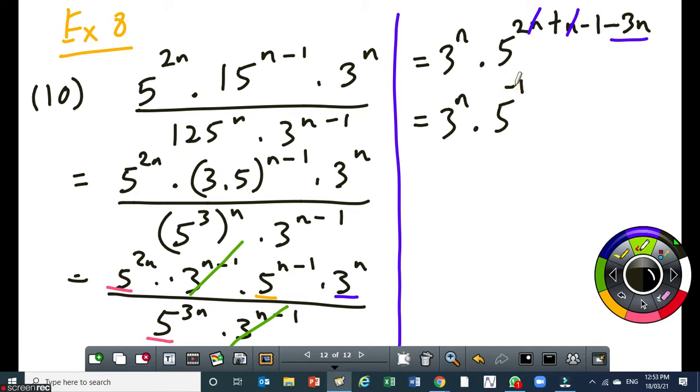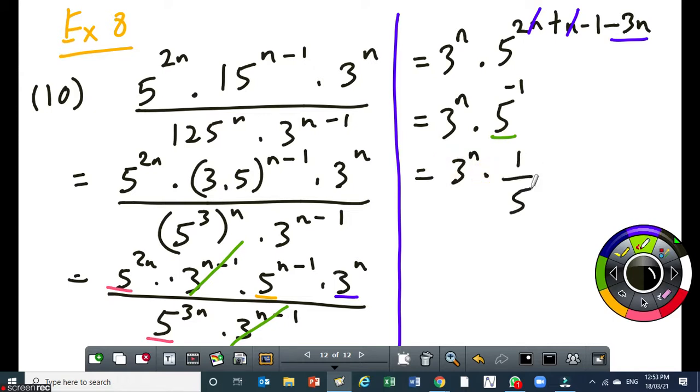But as I told you yesterday, generally when you are simplifying exponential expressions, you are supposed to leave your answers with positive exponents. So I'm going to use definition number 2 to simplify this. So this means I can say this is equal to 3 to the power of n times 1 over 5, and my final answer will be 3 to the power of n over 5. And then I'm done.